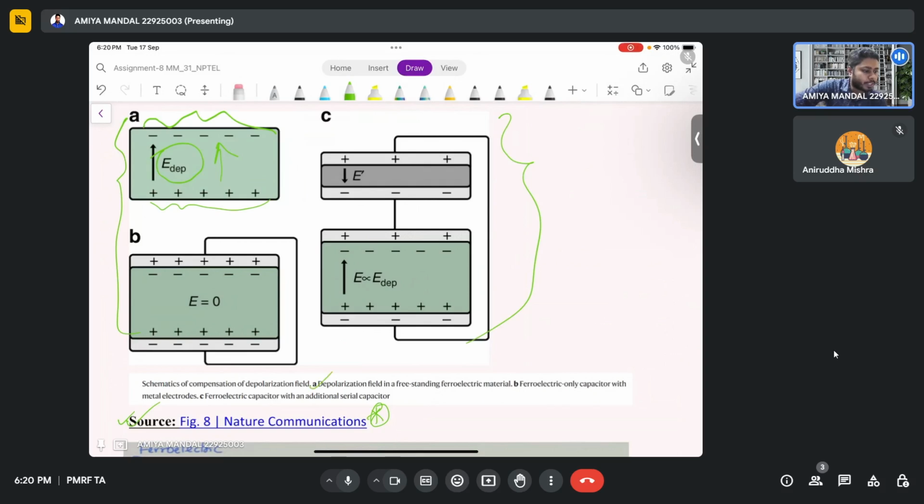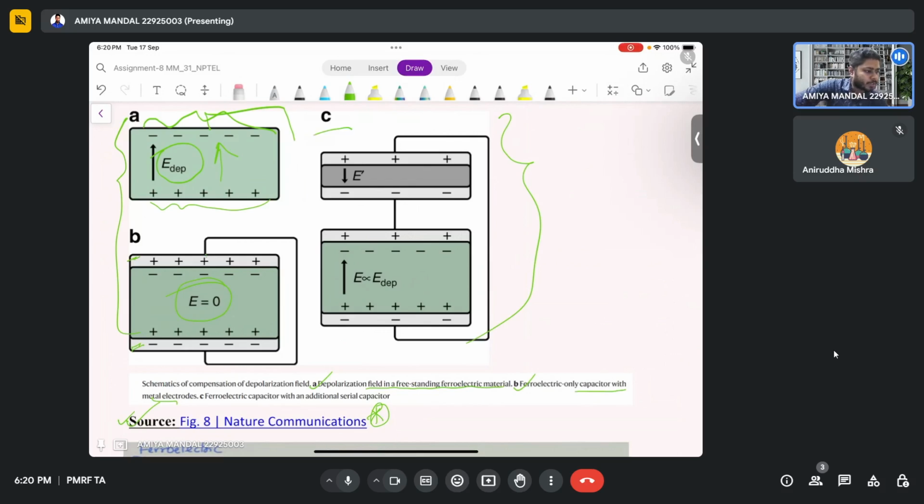So figure A is telling about the depolarization field in a freestanding ferroelectric material when there is no connection between these two. Now this figure B is a ferroelectric-only capacitor with metal electrodes. If we apply voltages to the electrode plates here, then we get E equal to 0.